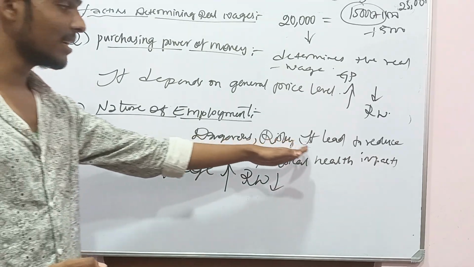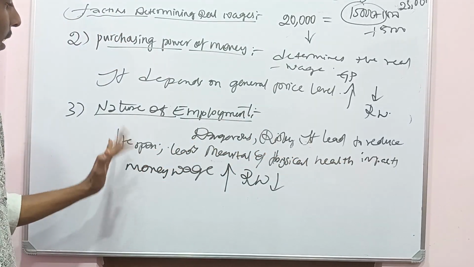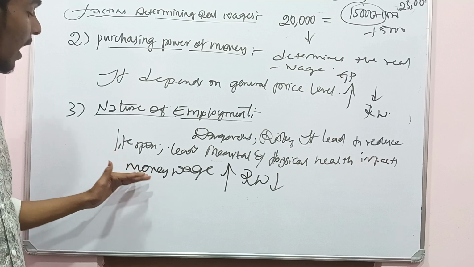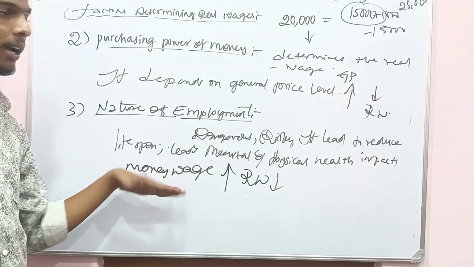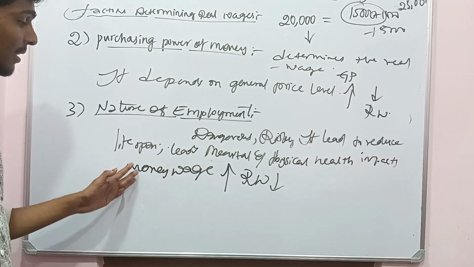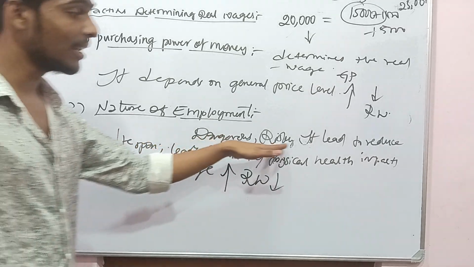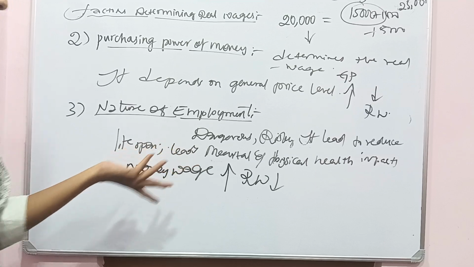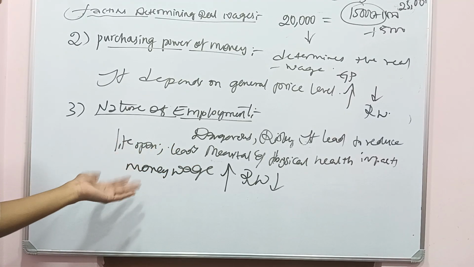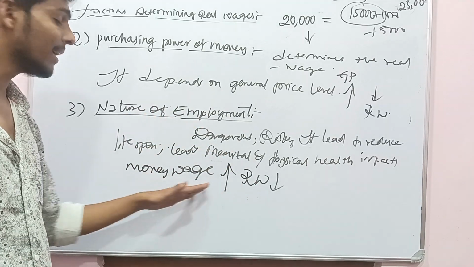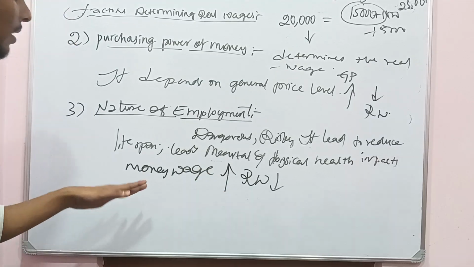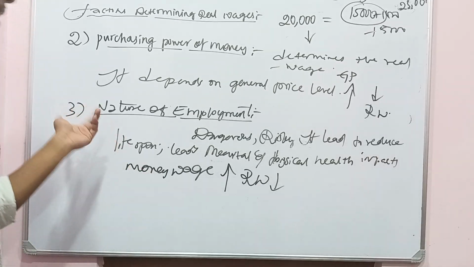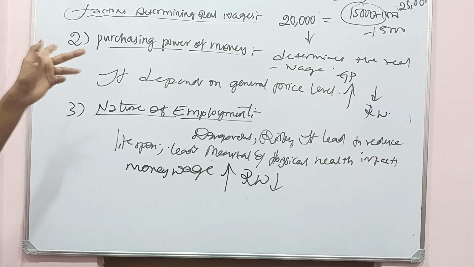In such places, the management is going to spend high on the employment, since it is a dangerous and risky place. No one is going to work in such places. That leads to management paying a higher amount, higher salary to the workers and employees, which leads to a decrease in real wage. It is the third determinant of real wages.